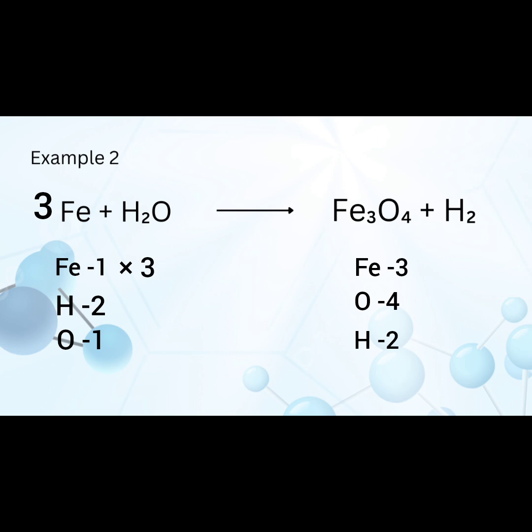So if we multiply by 4 in LHS, we'll get 4 molecules of oxygen on both sides, but the number of hydrogen molecules will differ to 8. Thus, we can multiply by 4 in RHS as well. Now, the equation is balanced. Iron molecules are same, oxygen as well as hydrogen molecules are also same.